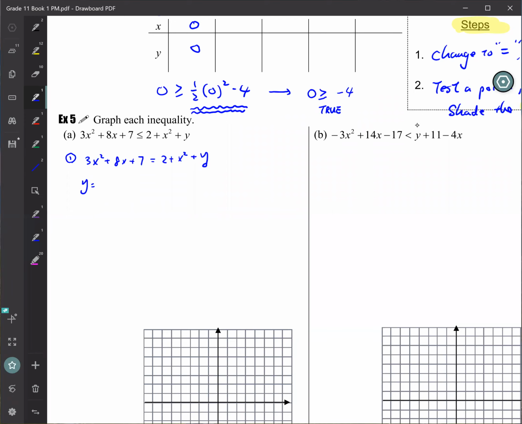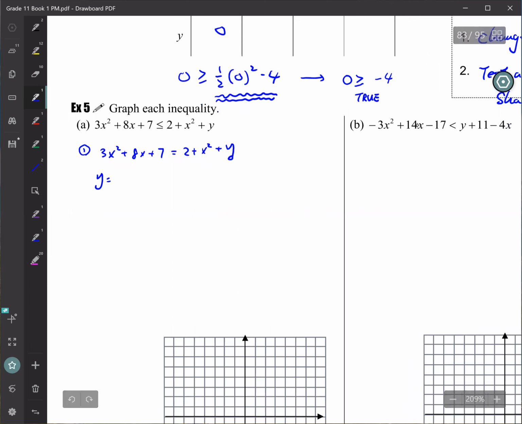So what is the general form, Harry? Do you know how to get the general form? Not the standard form, I'm asking for the general form, the one with the ABC.